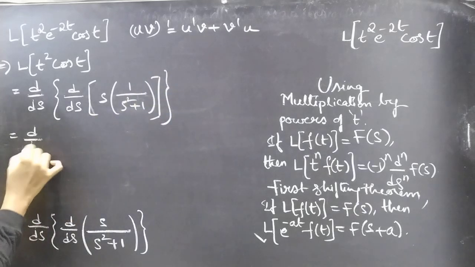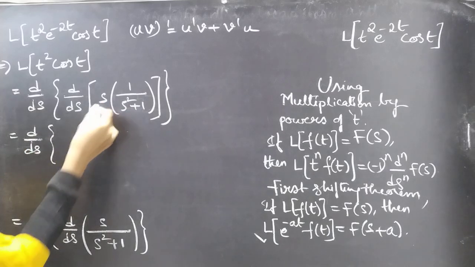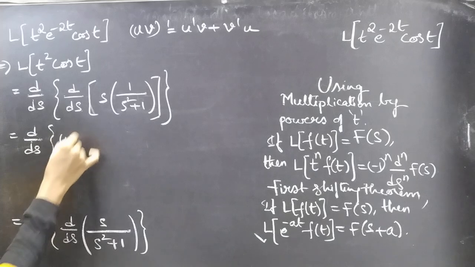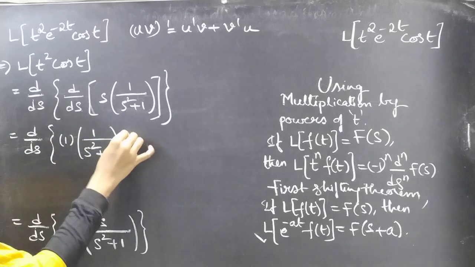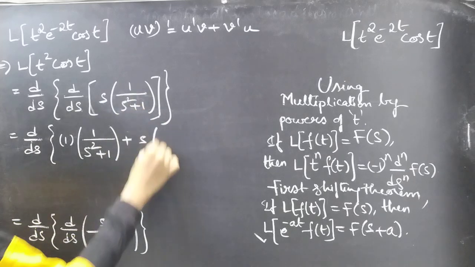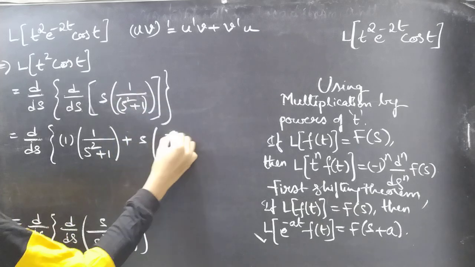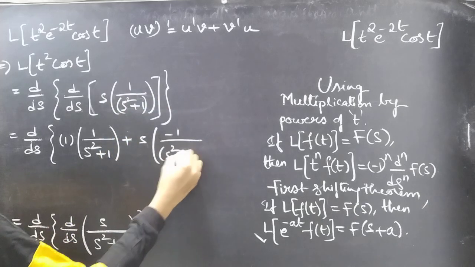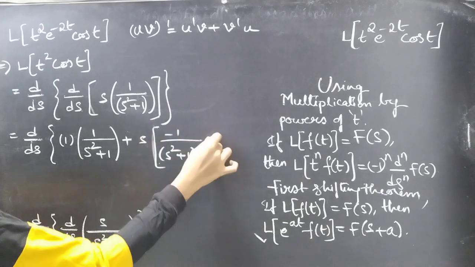This equals d by ds of the derivative of u into v, which is the derivative of s with respect to s is 1 into v, 1 by s square plus 1, plus u into the derivative of 1 by s square plus 1, which is minus 1 by s square plus 1 whole square into the inner derivative.